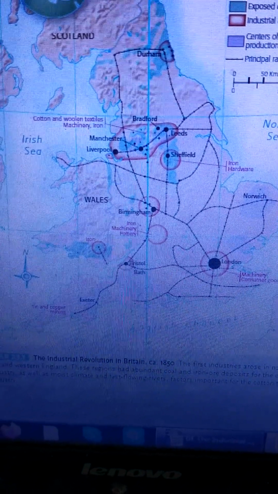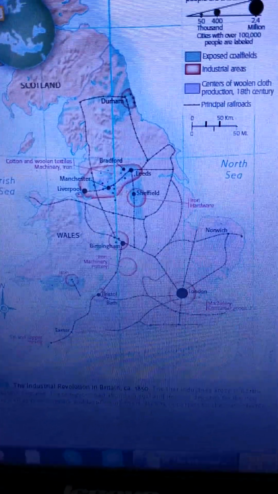And then as we move up towards the north of England, we'll see Lancashire, Liverpool, Manchester, the world's first industrial city on the River Irwell, and then over the Pennine Mountains, or hills, into the Yorkshire towns of Bradford, Leeds and Sheffield. It's in the north, and clearly already we can see how it is industrialising on coal.